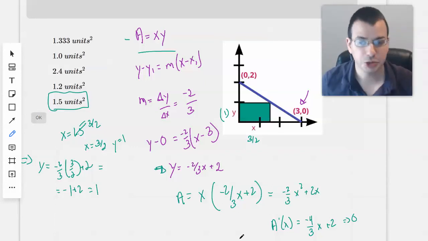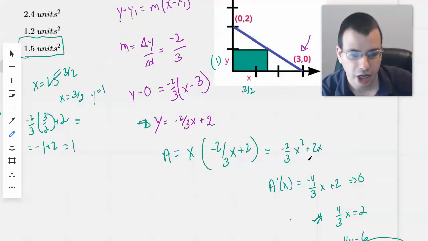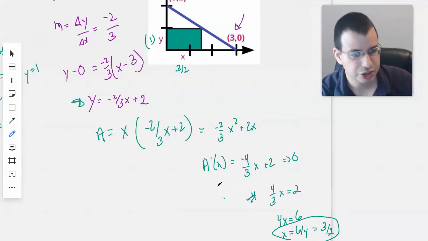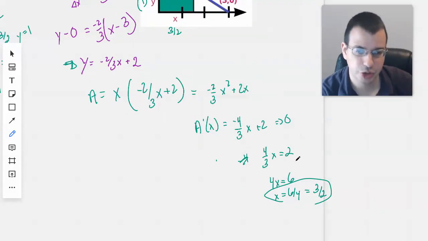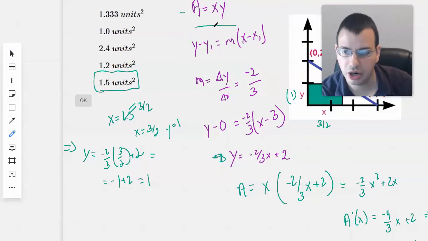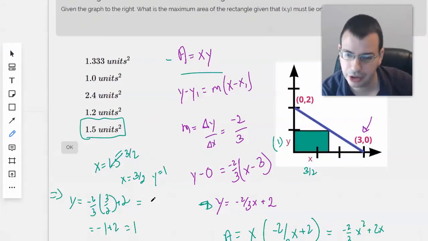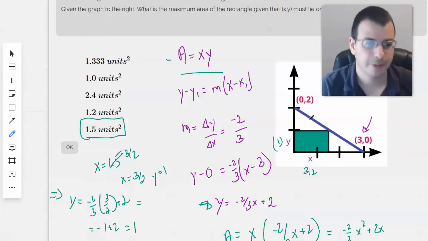In this case, we used area with respect to x. We then took the derivative with respect to x so that we could optimize it, set the derivative equal to 0, took that point, and plugged it back into our values. That gave us our maximum area for a given constraint.